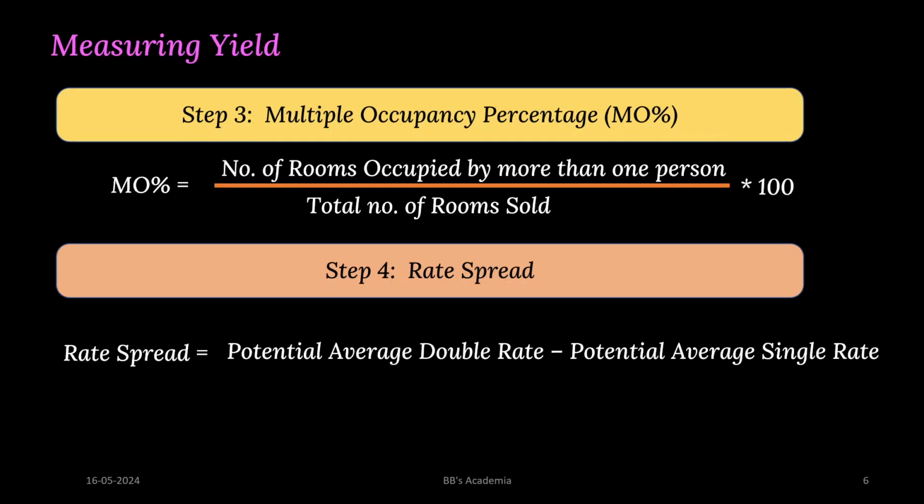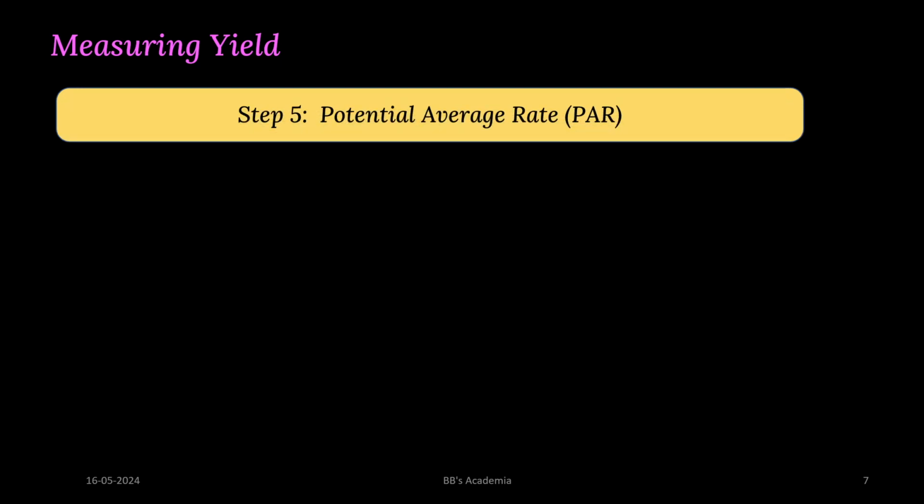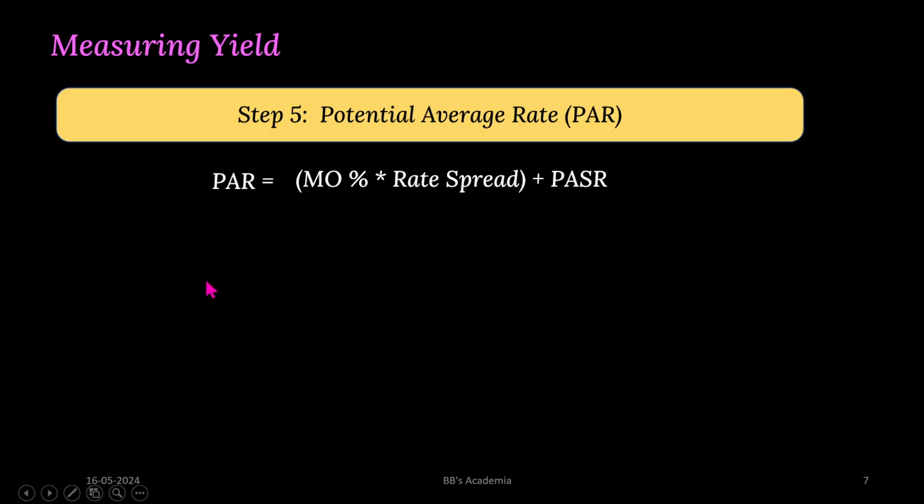So let's go back to the potential average rate. How it is calculated? Multiple occupancy percentage multiplied by rate spread plus PASR, potential average single rate. Clear?